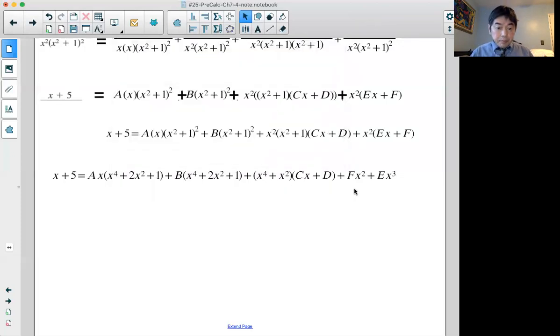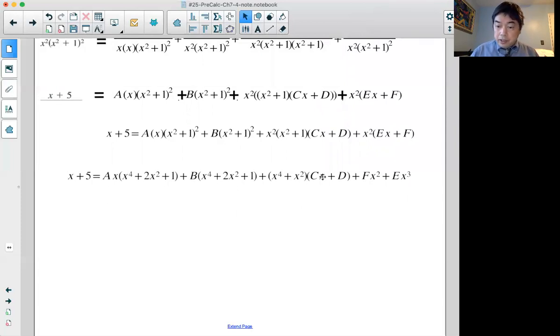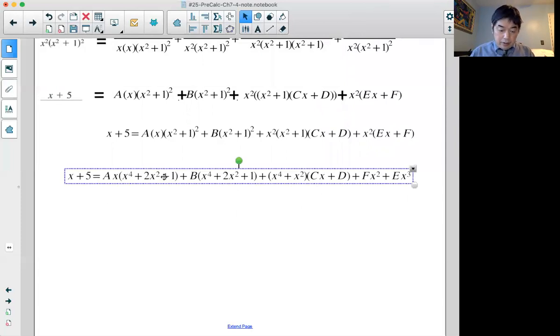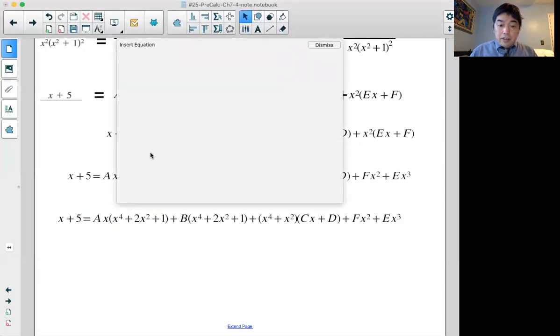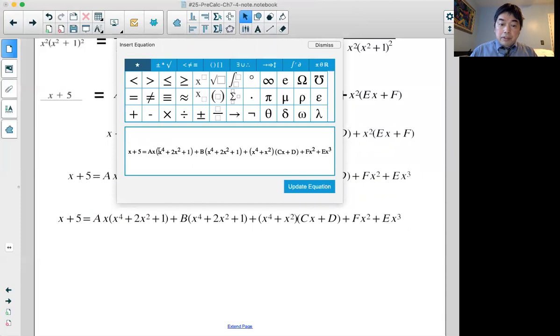Okay. All right, second stage, we distribute here. This is kind of complicated here, but let's try not to make a mistake and do this. So if you multiply, it's going to be ax to the fifth power.